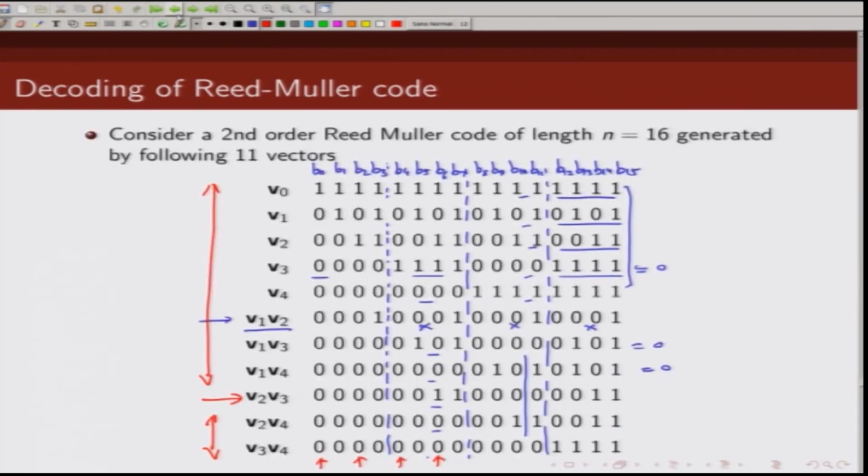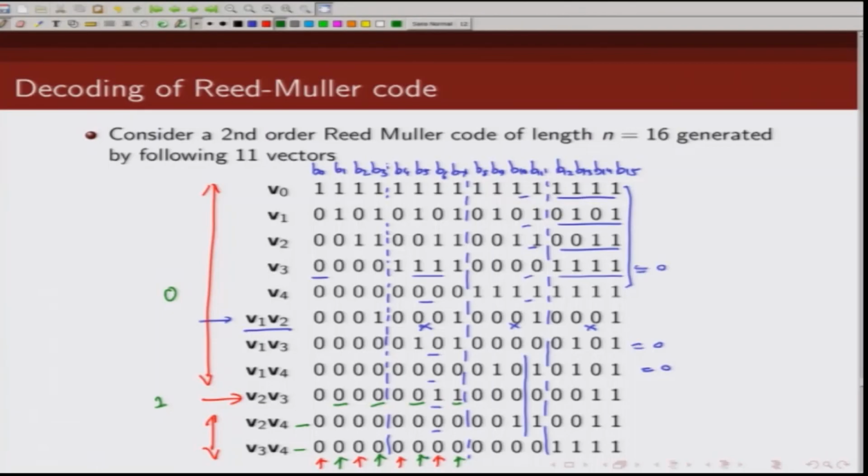Now let us say I look at this row, this row, this row and this row. This will give me 0, this will give me 0, this will give me 0. Here this is a 1, this is a 0, this is a 0 and this is 0. So, this will give me 1 and all other rows will give me 0.